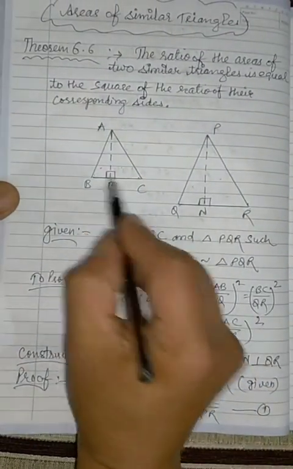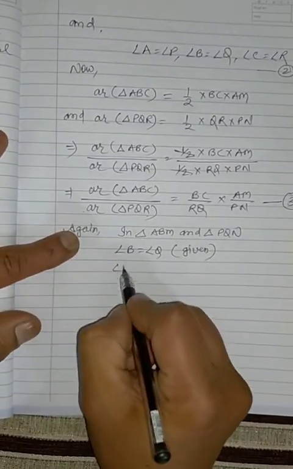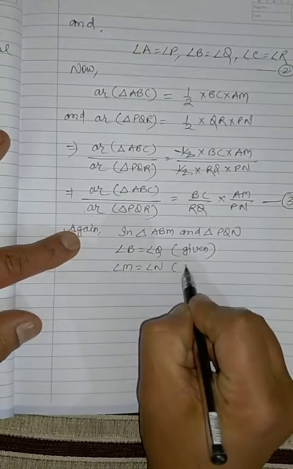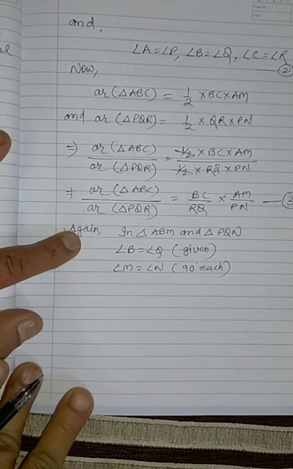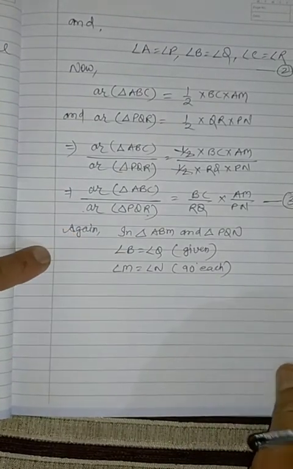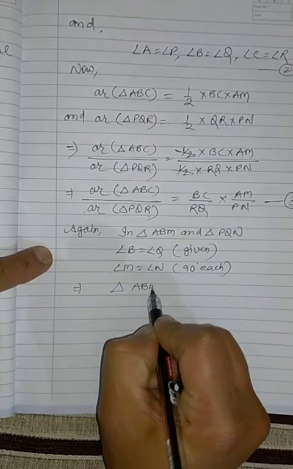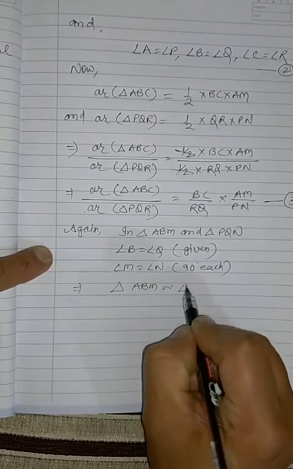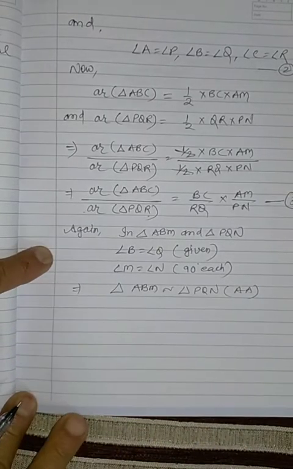Angle M is equal to angle N, 90 degrees each by construction. That implies triangle ABM is similar to triangle PQN by the angle-angle criterion.